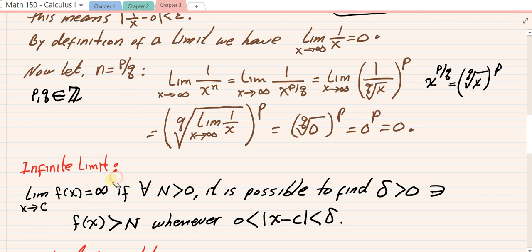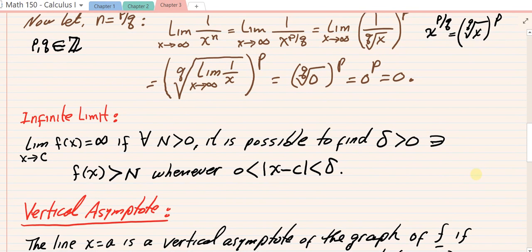So we don't have epsilon here to work with, we're talking about delta. Remember, delta goes with the absolute value of x minus c less than delta in the epsilon delta definition. And that's what we're talking about here. So it's possible to find a delta such that f of x is greater than n whenever the absolute value of x minus c is less than delta.